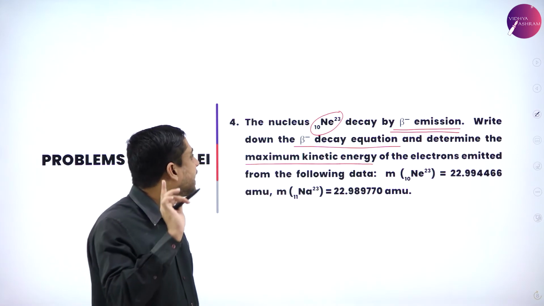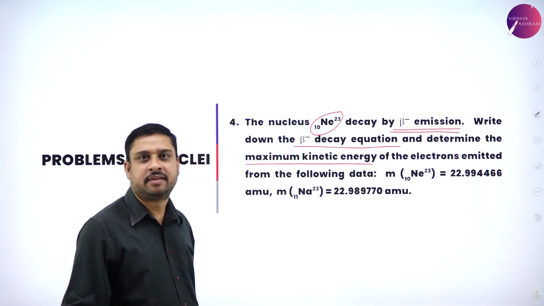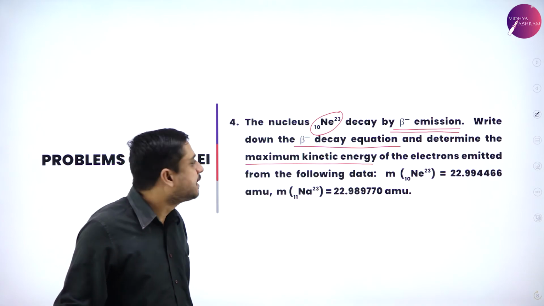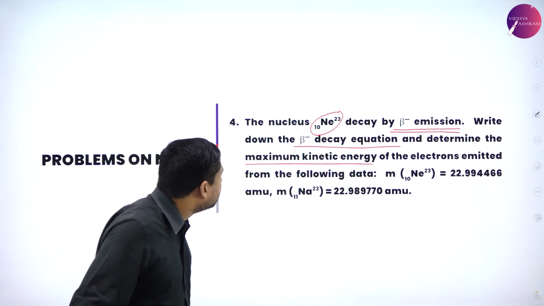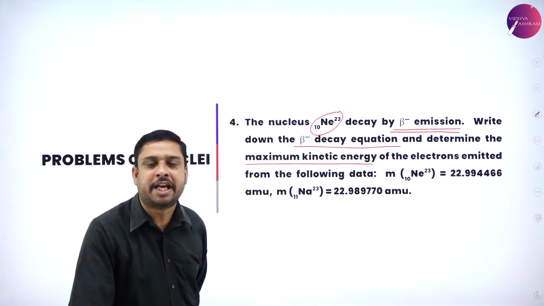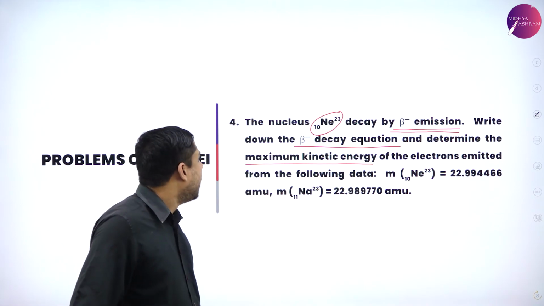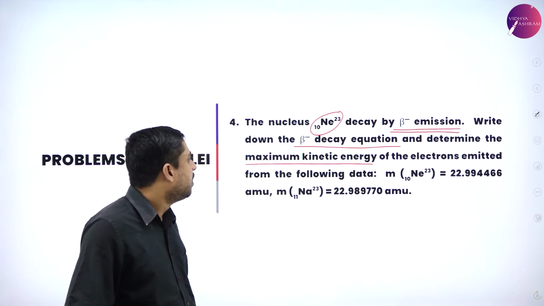Beta decay equation, and then calculate maximum kinetic energy of the electrons emitted in the process.